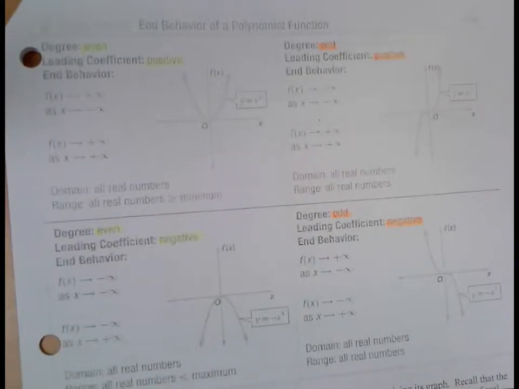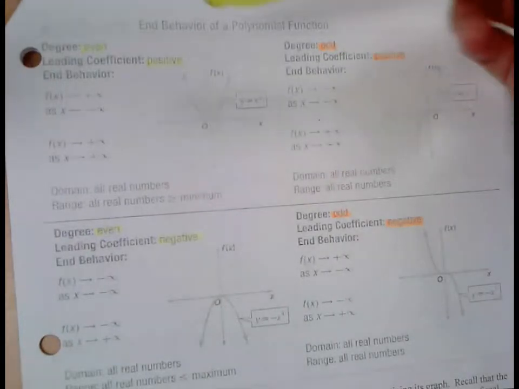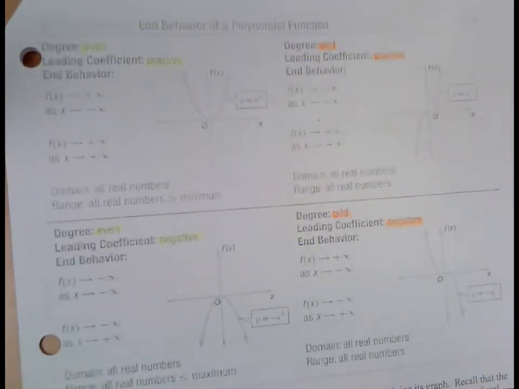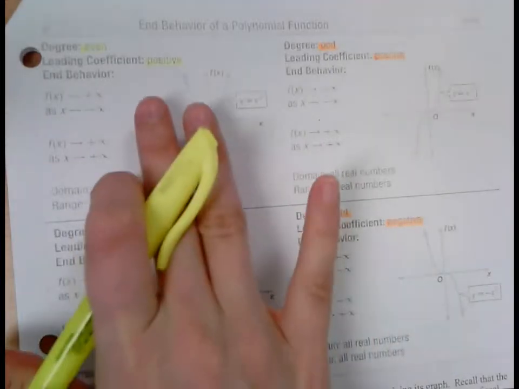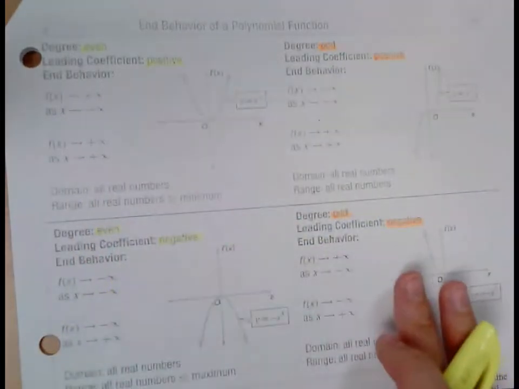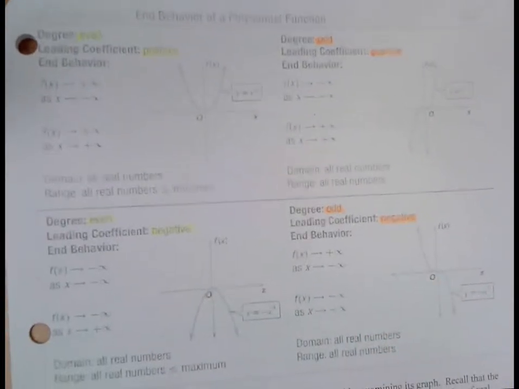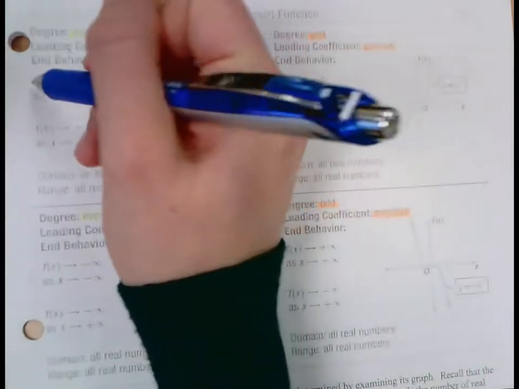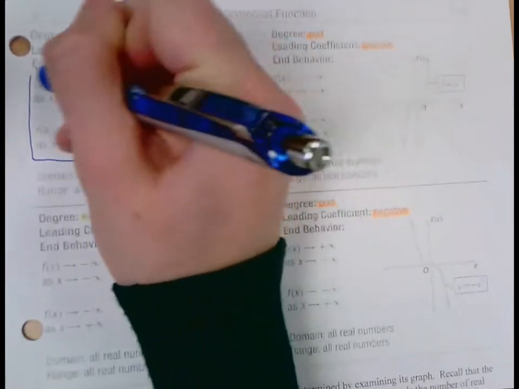But if you can start to form a relationship between the degree and the leading coefficient and the end behavior, any future math you're taking will set you up when you get to talk about end behavior more in those classes. But here, you're going to have a graph to look at, so I'm not going to focus too much on how the leading coefficient plays in. It really plays into the direction the graph is headed. But then it does give the end behavior for all 4 of these.